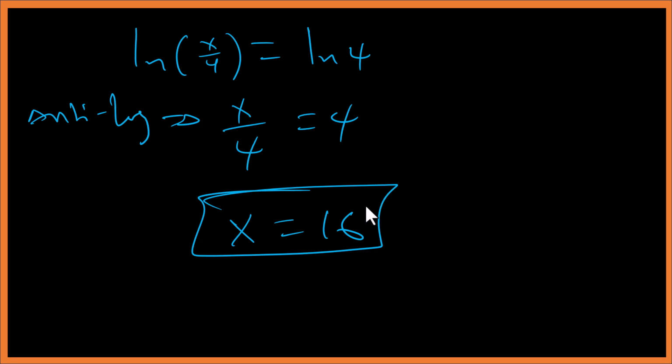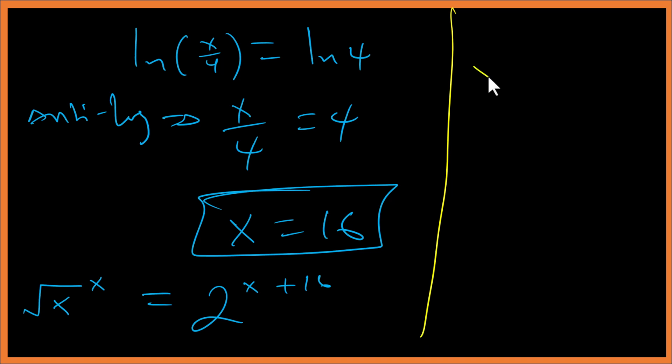All right, so if you want to verify, we have square root of x raised to x equals 2 raised to x plus 16. If I plug in 16, that will be square root of 16 raised to 16 on the left, and 2 to the power 16 plus 16, which is 32, on the right.